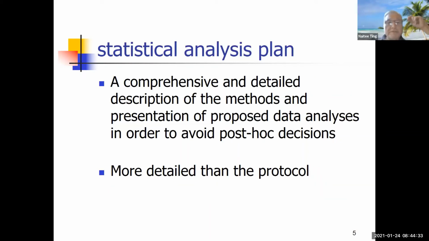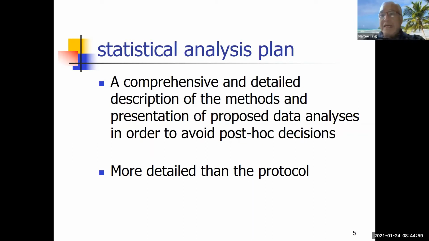SAP. SAP is a comprehensive and detailed description of methods and presentation of proposed data analysis in order to avoid post hoc decisions. It's more detailed than the protocol. Actually, the protocol gives you guidance. In the protocol, the statistical method section says, here's the objective, here's the hypothesis, and here's the primary analysis method, and all that kind of stuff.